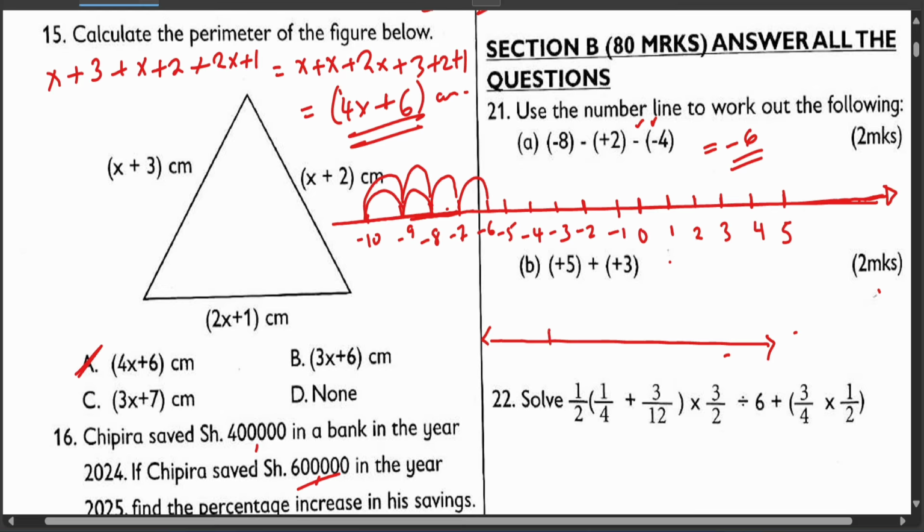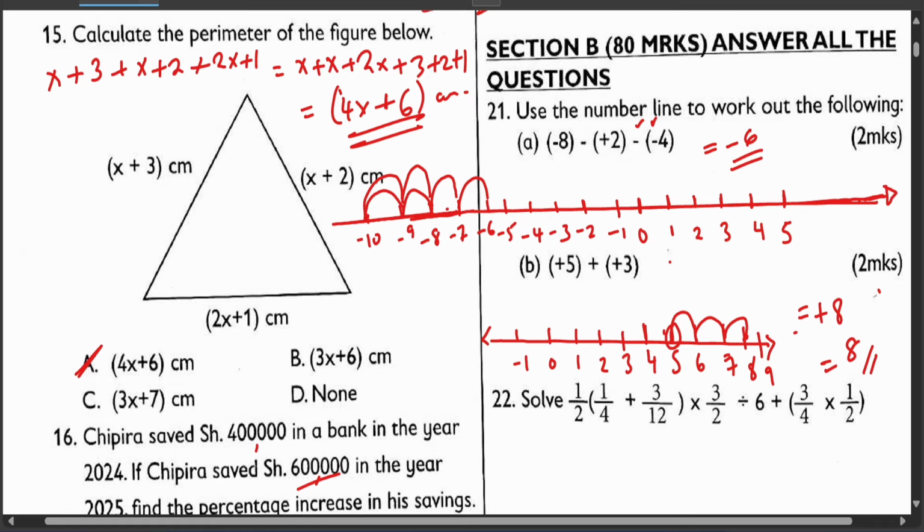Let's just use this 0. Let's say -1, 1, 2, 3, 4, 5, 6, 7, 8, and let's say 9. So +5, +3 means we go forward three times, 1, 2, 3, giving you an answer of +8. Or write it as 8.